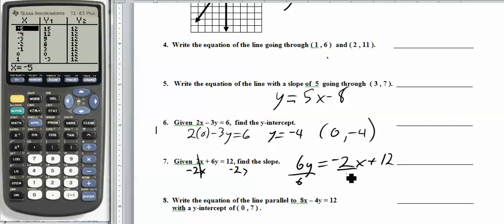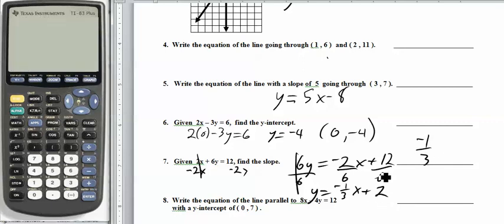Divide both sides by 6. And we get y equals, simplify this fraction, -1/3 x plus 2. So the slope would be -1/3. And the y-intercept, which it didn't ask us, would be 2. All right.